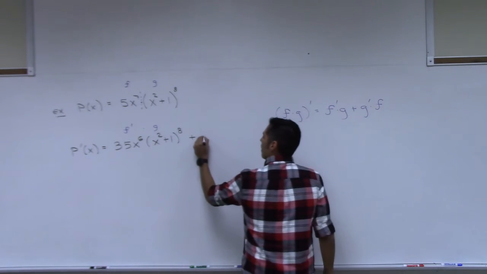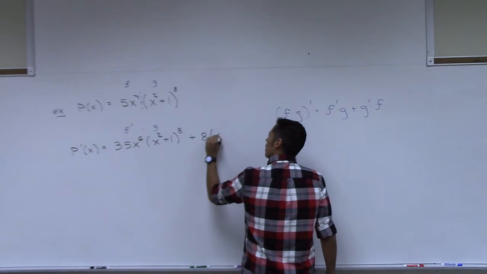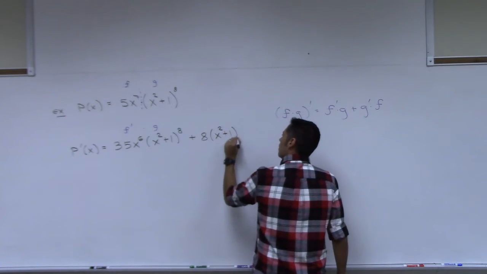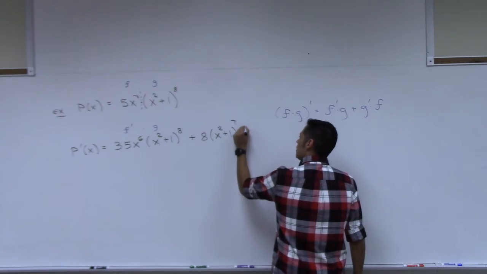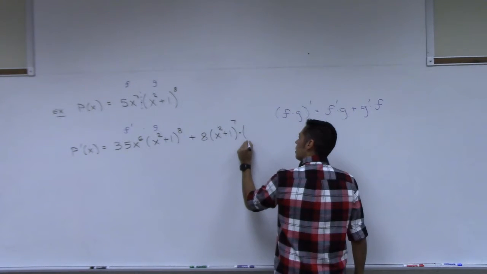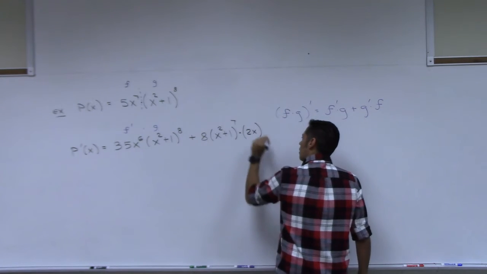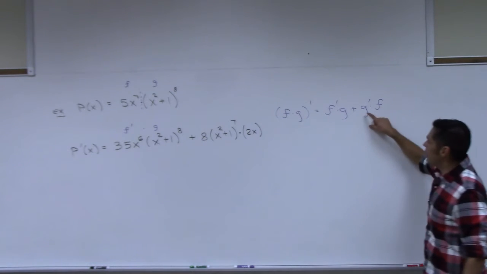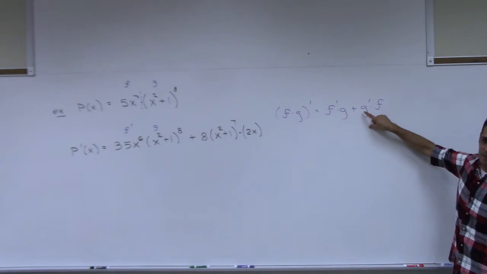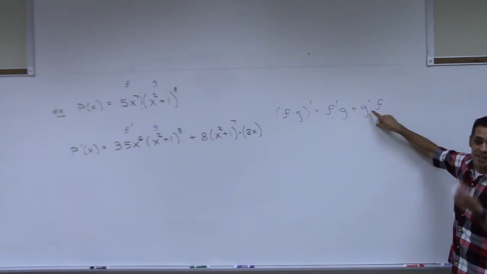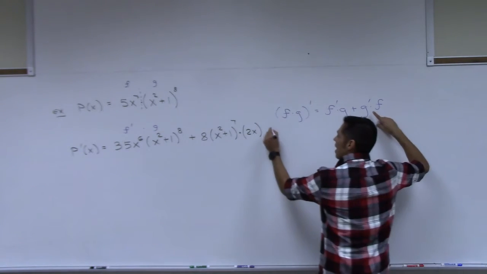It'll be 8 parentheses, x squared plus 1 to the 7th times parentheses 2x. Okay, excellent. Does everyone see that's g prime, and just g prime? You still have to tack onto that times f. So I have to tack onto this what?